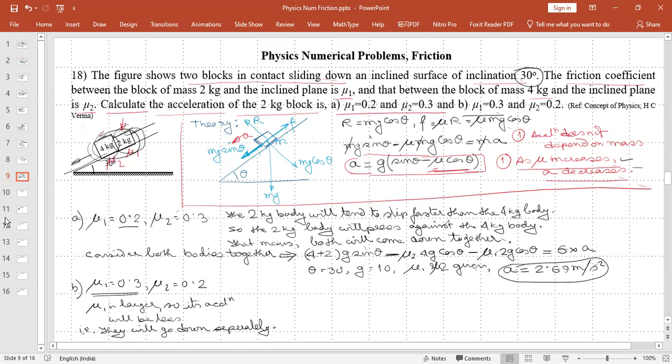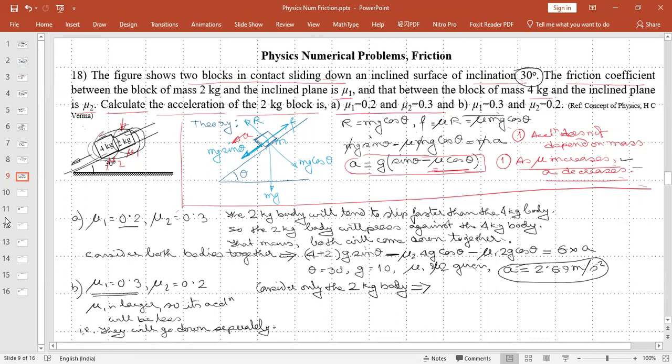So now we can consider only the 2 kg body.